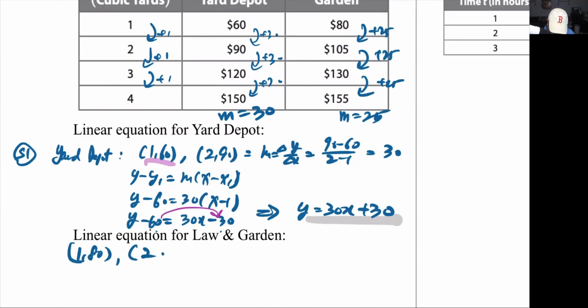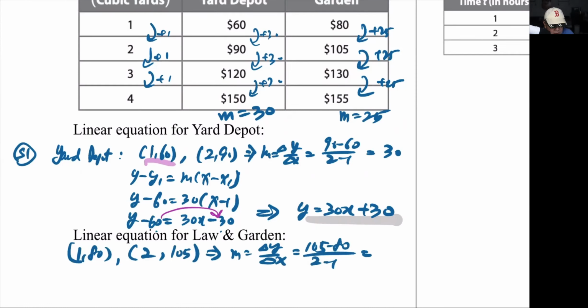That's 2 comma 105. And we're going to go through the motion here of doing this. The slope is change in y over change in x. That'll be y is 105 minus 80, and the x is 2 minus 1. When you go through the calculation, the top is 25, the bottom is 1. So therefore it is 25, as we expected it to be. So now what do I do?